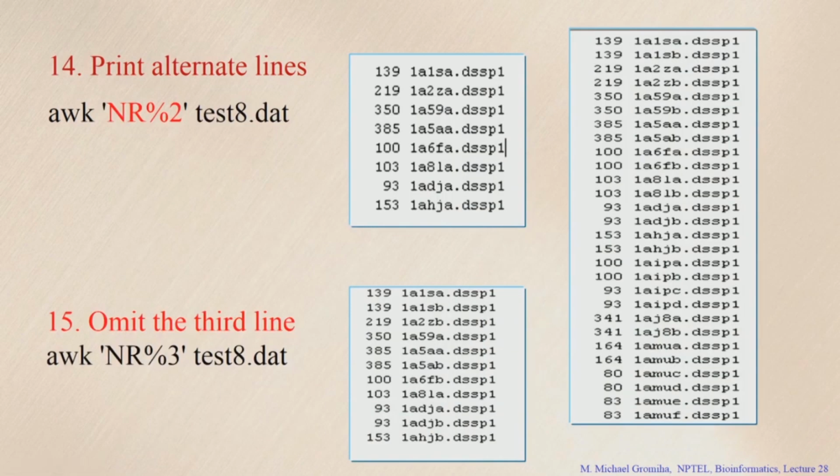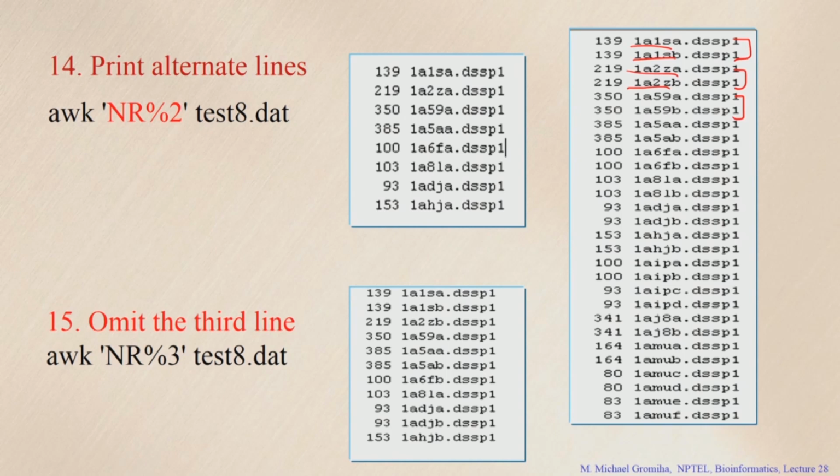In this case you can also do a lot of other manipulations. For example, you can print alternate lines. If you see this input file, the same for one A1S, one A1S, one A2Z, one A2Z. So, these 2 are the same, right, only the difference is A and B. So, I want to see the unique ones. In this case I would like to delete the alternate lines, because that input is necessary for another program.